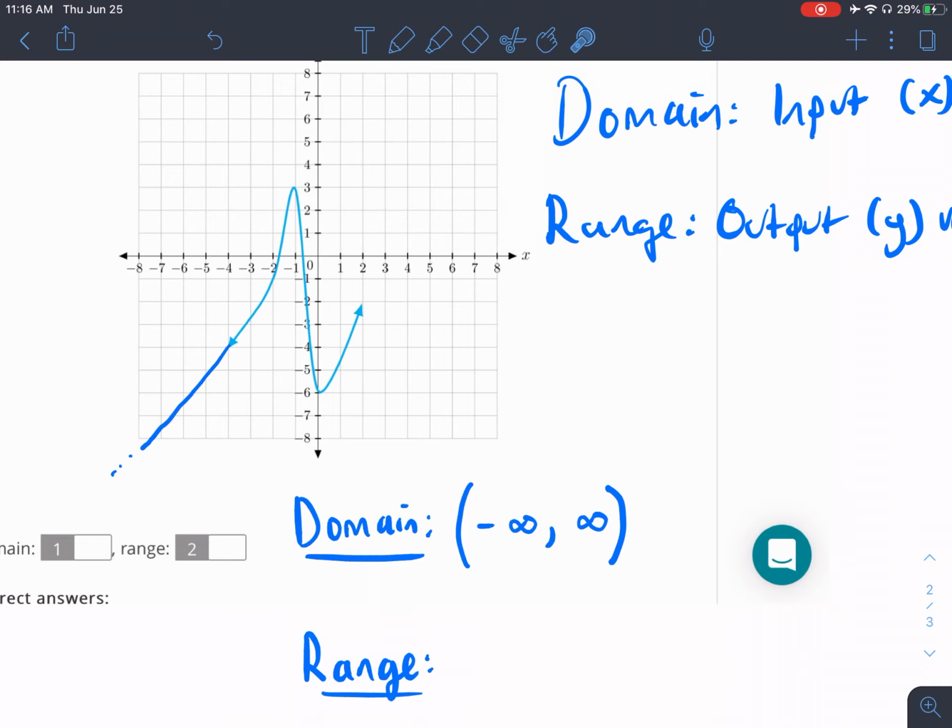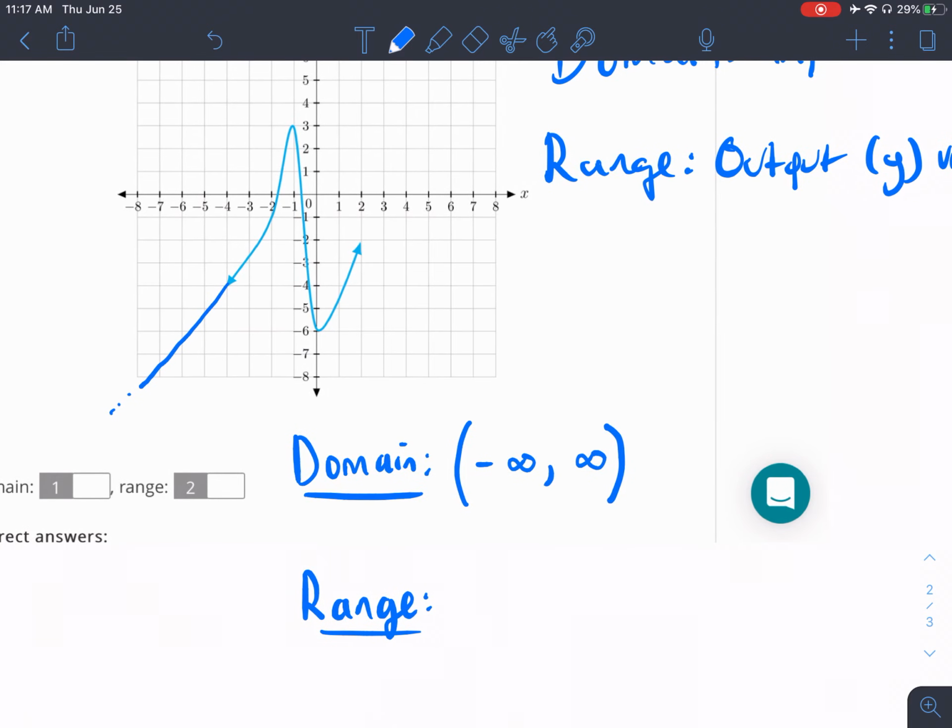The y value -7 corresponds to a point on my graph. So it is an output value, and therefore it is in my range, and so is -8, and so on. Because this arrow is telling you that it's going down forever, there really isn't a smallest y output value. So therefore we need to put parenthesis negative infinity to say there is no smallest y output value.